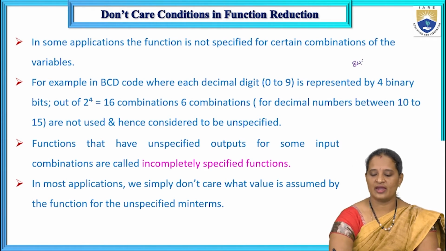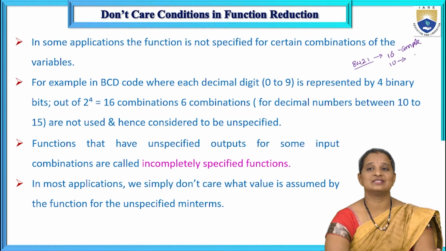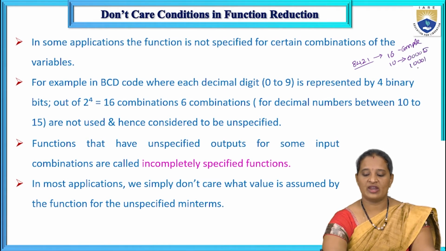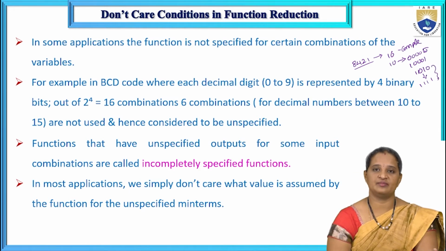It is also an 8421 code where we can have 16 combinations, but I am going to use only 10 out of 16. Those are from 0000 to 1001, whereas the remaining combinations 1010 to 1111 are unspecified.